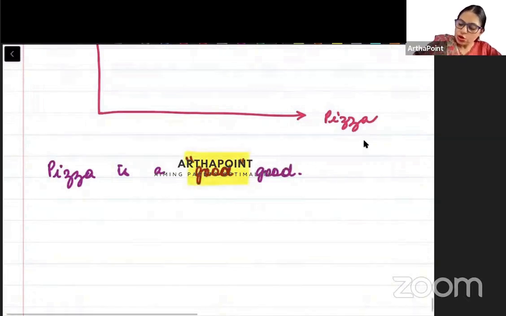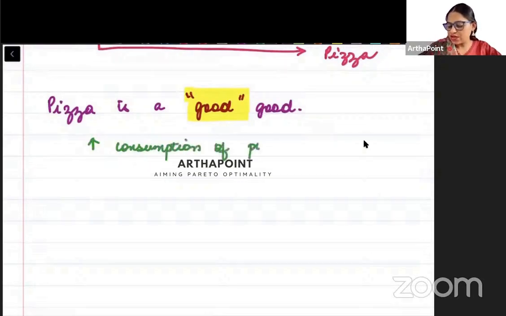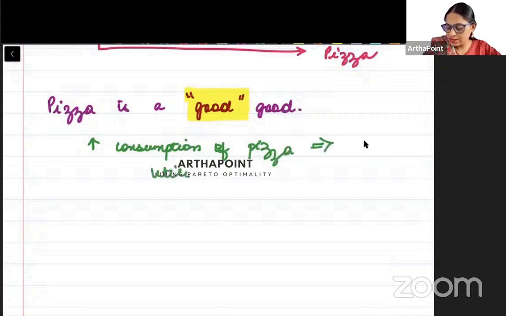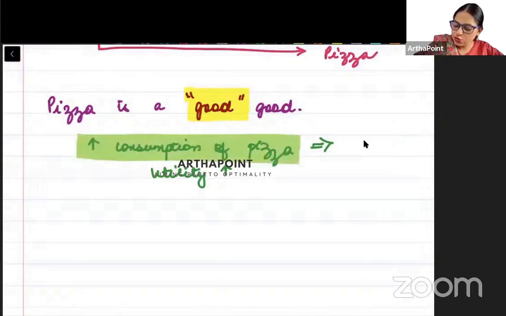Good means that when I increase the consumption of pizza, my utility will increase. अगर हम पिज्जा का कंजम्पशन बढ़ाते हैं तो यूटिलिटी बढ़ेगी. My satisfaction will increase.